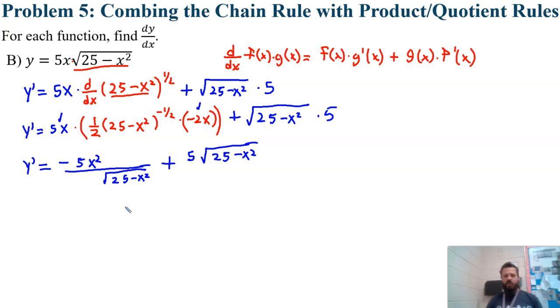Now the other thing we might want to do with one like this is actually combine these two fractions here. Okay, so what I do is I need a common denominator. My first fraction has a denominator of square root 25 minus x squared. I can think of this 5 times square root 25 minus x squared as over 1. So we can multiply by square root 25 minus x squared over square root 25 minus x squared.